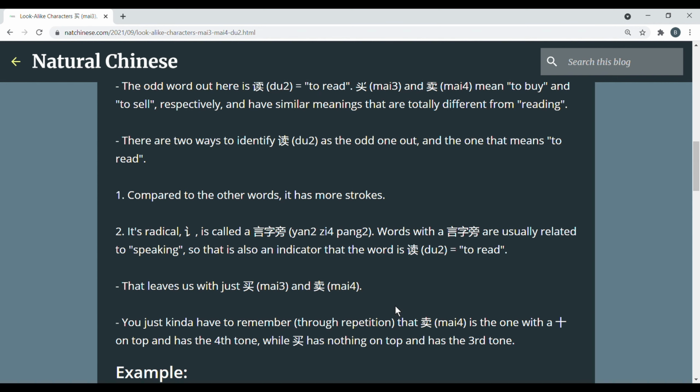But for me, when I see this character with nothing on top, then I kind of slow it down because I know it has the third tone. So this character is mǎi, and I know that's to buy. Then the other character with 2 strokes on top is kind of quicker because it has the fourth tone. So this character is mài, to sell.